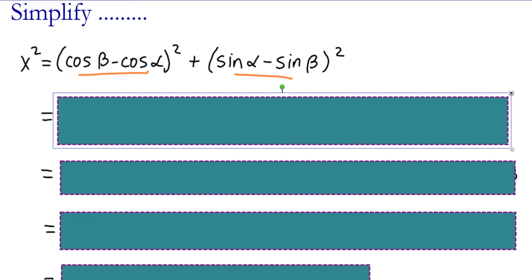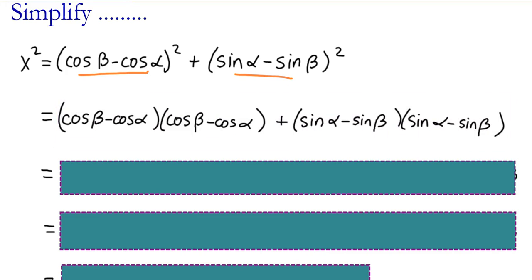So the first step you'll see is that I realize that cosine beta minus cosine alpha quantity squared means the same thing as cosine beta minus cosine alpha times cosine beta minus cosine alpha. Squaring is multiplying something by itself. And similarly, sine alpha minus sine beta quantity squared means sine alpha minus sine beta times sine alpha minus sine beta.